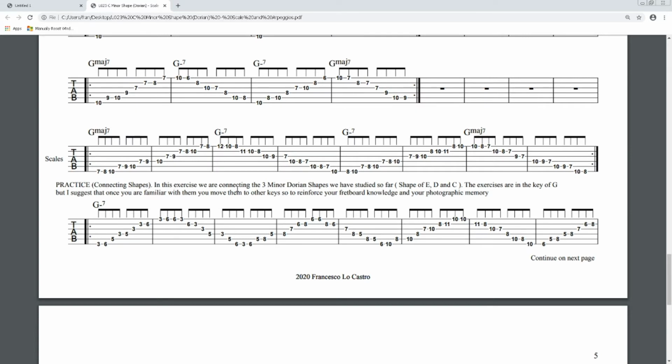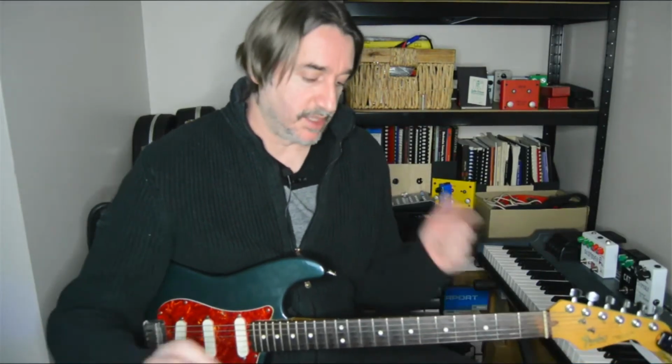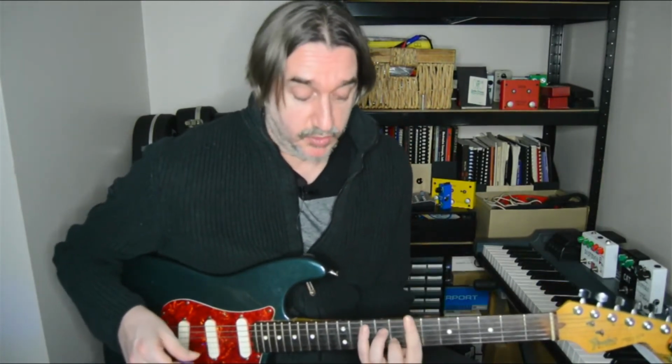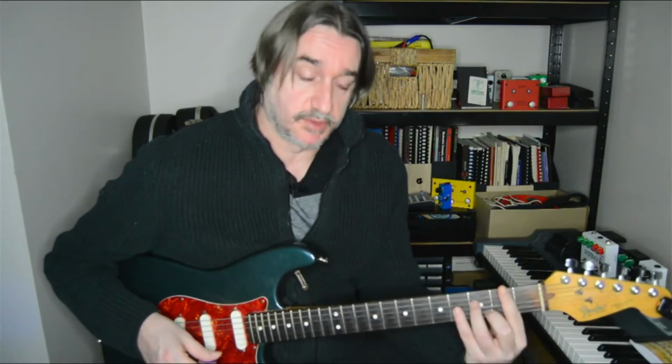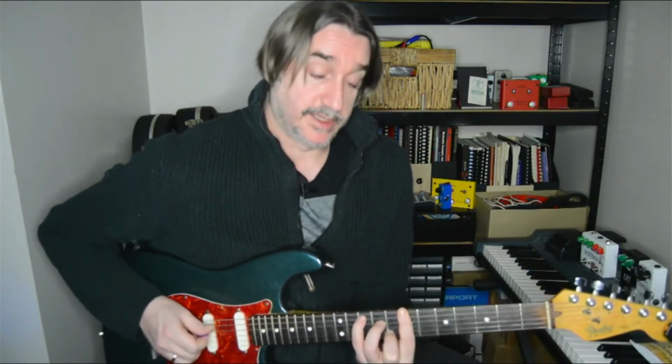In this exercise, we're connecting the 3 minor Dorian shapes we studied so far, E, D, and G. The exercises are in the key of G, but I suggest once you're familiar, you move chromatically. So in the case of major to minor, this is G, again, I'm doing it in G, don't forget, please transpose it. This is G major, and that's the scale that goes with it.